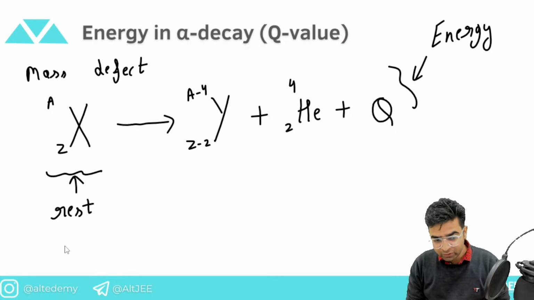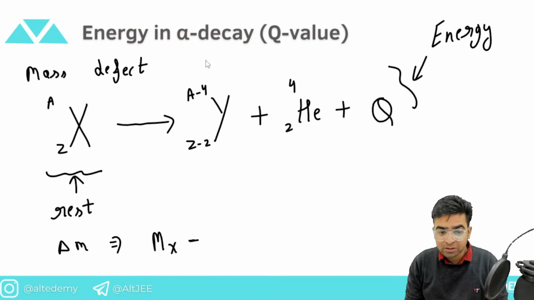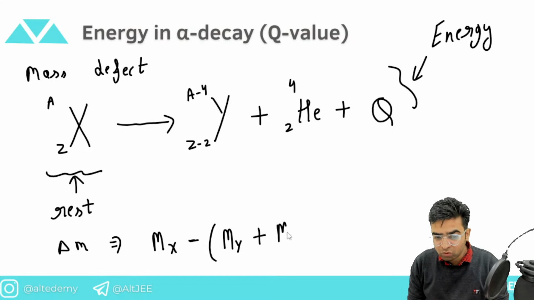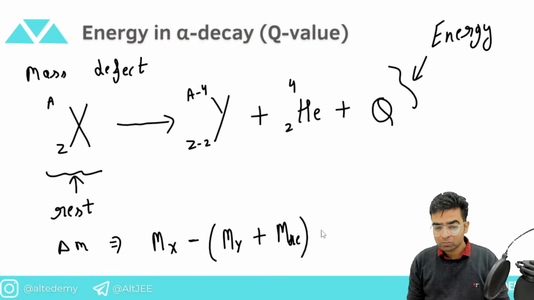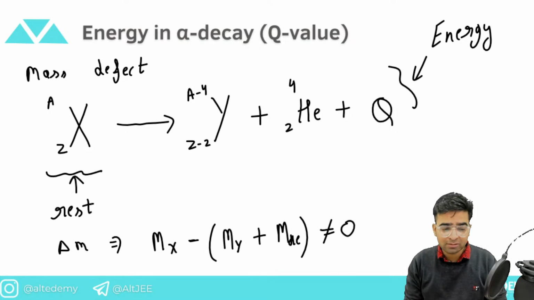If you see delta M, the mass of the X atom minus the mass of the Y atom plus the mass of the helium atom is not zero. Actually, it is greater than zero.